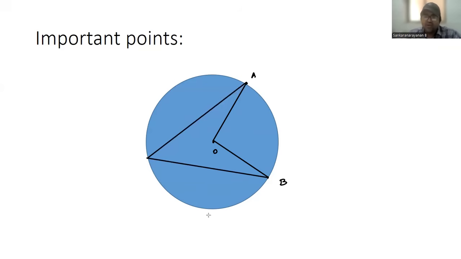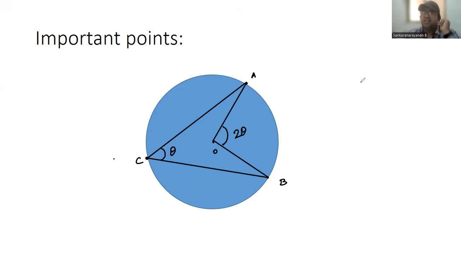Draw segments A to C and B to C. If this angle is equal to theta, please be aware that this angle will be 2 theta.